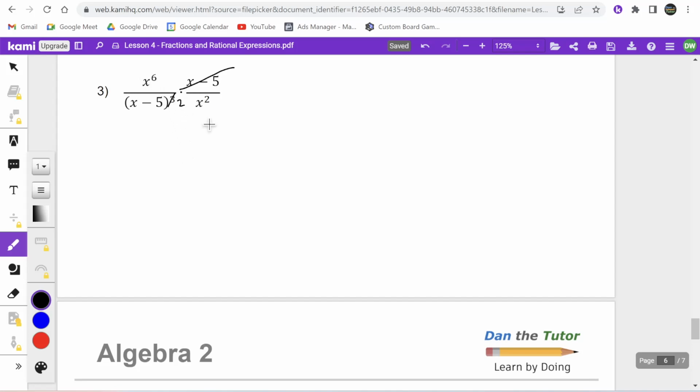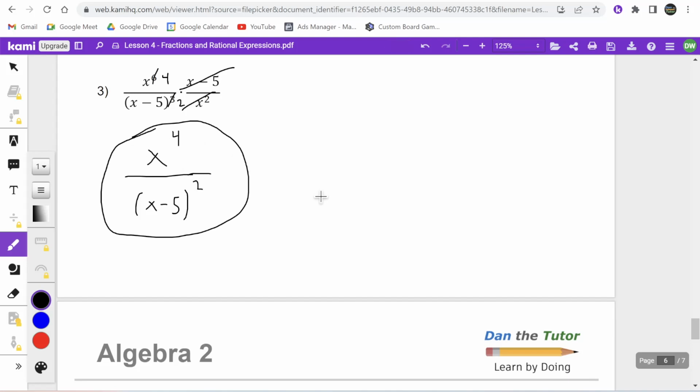Now for the x to the 6 and x squared, same idea. x squared goes away completely. You need to take away 2 from the 6th power, leaving you with 4. So in the numerator, I'm just left with x to the 4th. In the denominator, I have the quantity x minus 5 squared. Yes, you do need parentheses around that, or else you're saying something different in math. And this cannot be reduced anymore. That's our final answer.